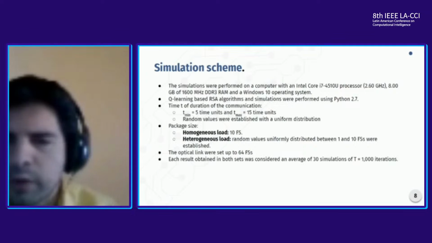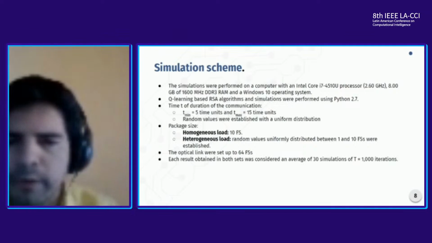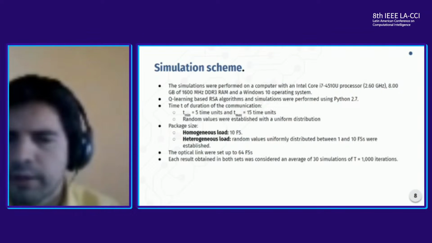The Q-learning based RSA algorithms and simulations were performed using Python 2.7. The tests were performed simulating a dynamic load on the network where the number of requests was established considering the size of topology.